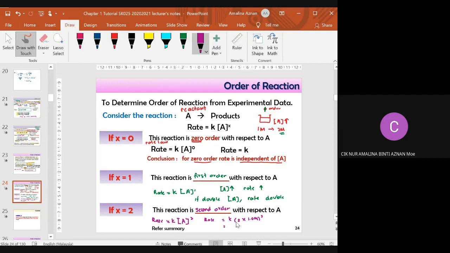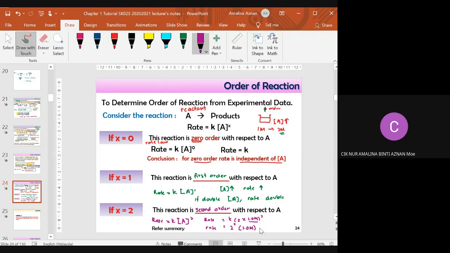So we get the rate as 2 to the power of 2 from the original 1.0 molar.